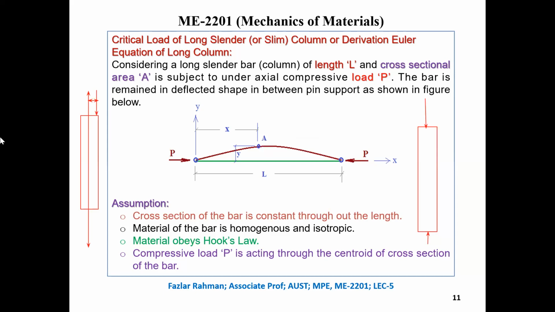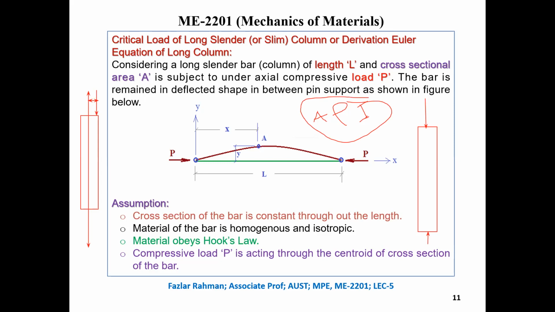Actually, that is not true, because the length of the column depends on the cross section and the radius of gyration, and also on the value of I. So there is some formula or scale or tool. If you use that formula, then you can say this column is long, this column is short.